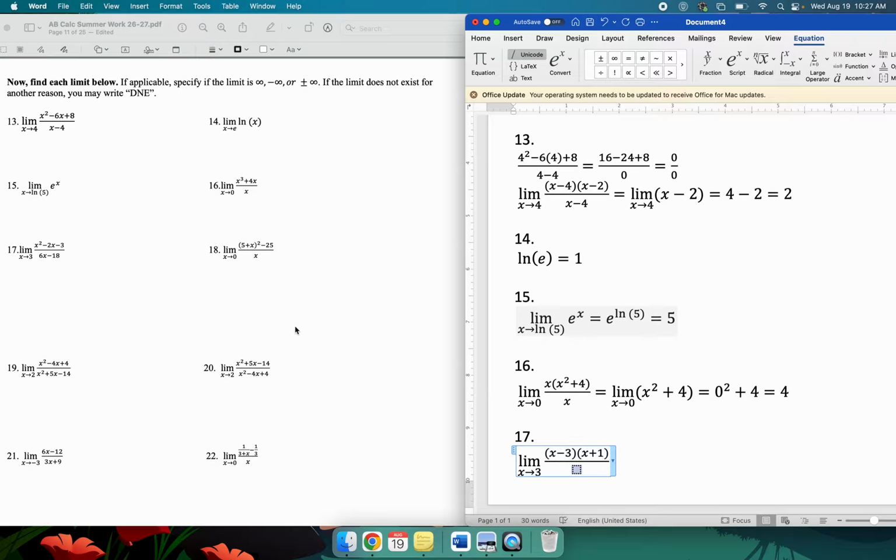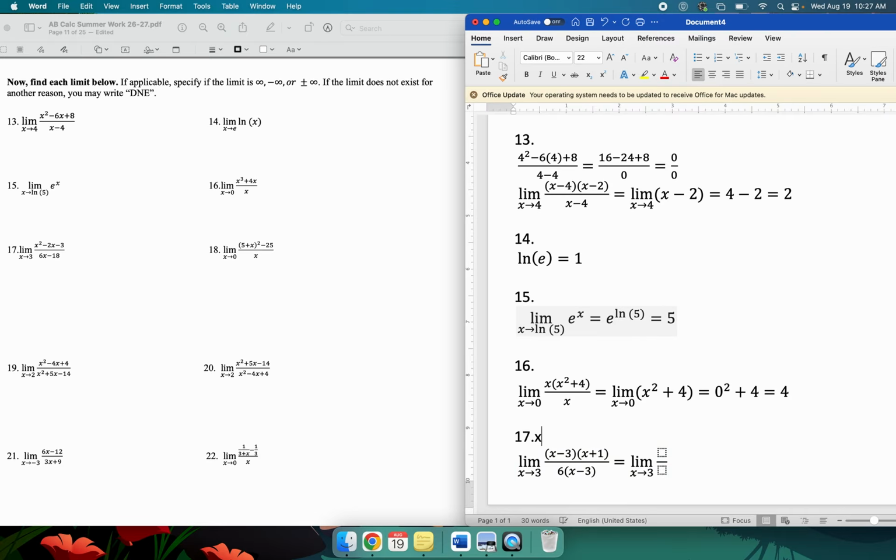And the denominator, you can pull out a common factor of 6, which leaves you with x minus 3. The x minus 3's cancel, and I'm just left with x plus 1 over 6. And if I plug 3 into that, then I get 3 plus 1 over 6, which is 4 over 6, which is 2/3.